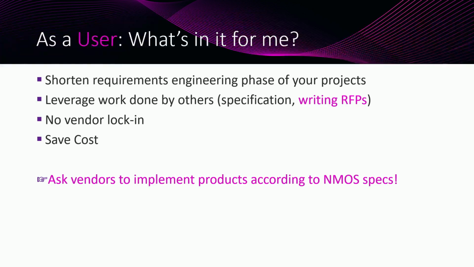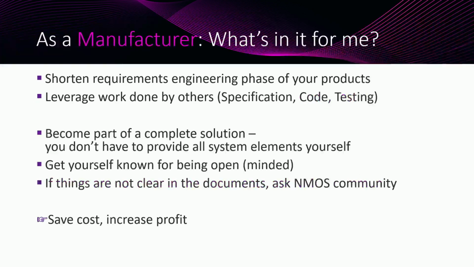And as a manufacturer, again, the same thing. It shortens your requirements engineering phase. If you are not okay with something, bring it up. Shoot an email and say, guys, why did you do this? I think it's nonsense. Maybe it finds its way into the next revision.